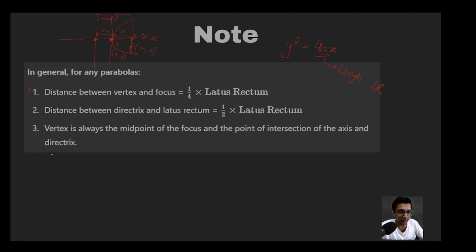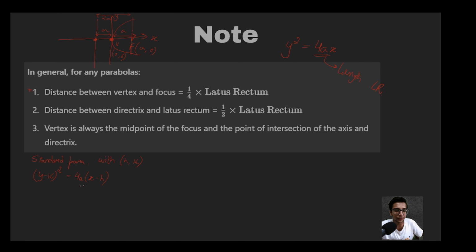Now, let me tell you another important property. Let's say we have a standard parabola with vertex at h comma k. So how can we write that parabola? We can write it as y minus k whole square, which would be equal to 4a into x minus h.